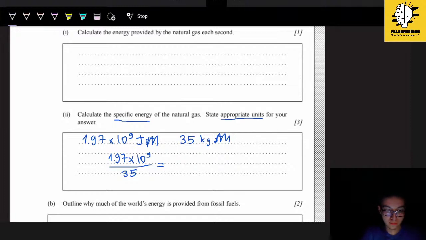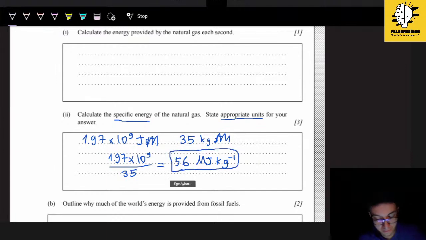And when we do this, you will find that it is 56 megajoules per kilogram. This is really important. When IB says state the appropriate units, it is for 1 mark, and you need to specify it. It is a very easy 1 mark.